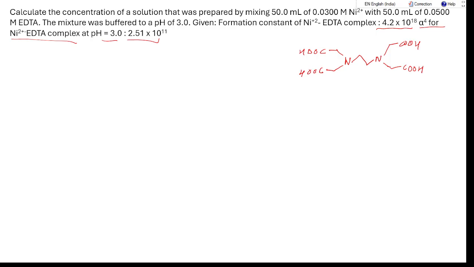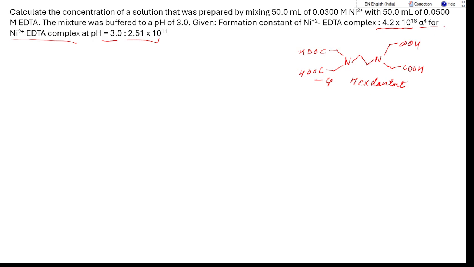So this is a hexadentate ligand, right? And it can create a maximum of -4 charge by removing these protons.